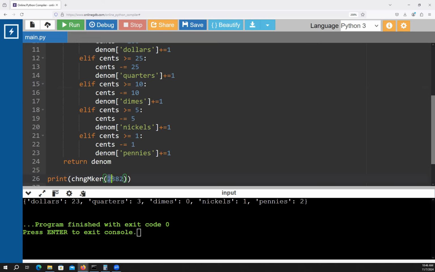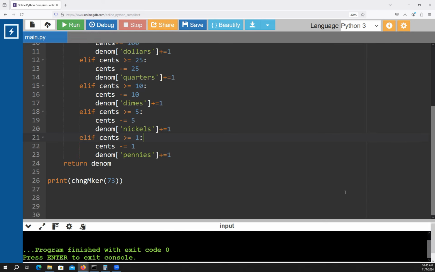Let's do less than $1, like 73. Yep, 2 quarters, 2 dimes. Pretty good. Code looks solid to me, and outcomes look solid.